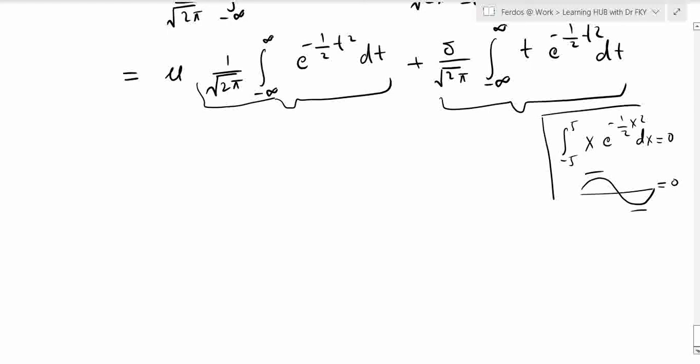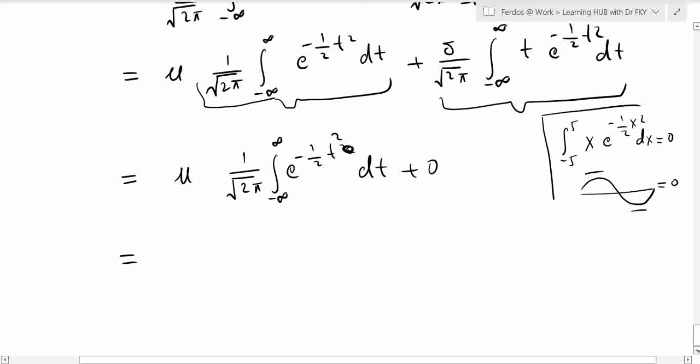So this means that mu 1 divided by 2 pi, integral from minus infinity to infinity of e power minus 1 divided by 2 t square dt, plus 0, is equal to mu 1 divided by 2 pi, minus infinity to infinity e power minus 1 divided by 2 t square dt.